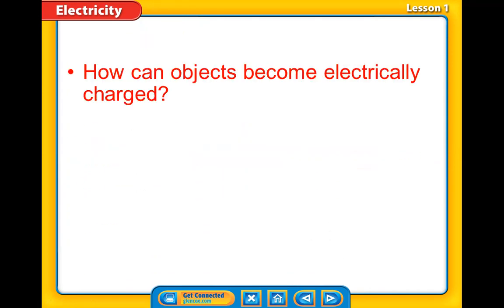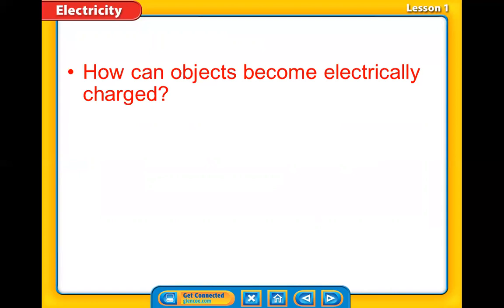The second key concept that we are going to know today: how can objects become electrically charged? We said that objects in the normal state are neutral, which means that the number of the positive protons equals the number of the negative electrons. But when the object loses or gains negatively charged electrons, it is going to change and become electrically charged.